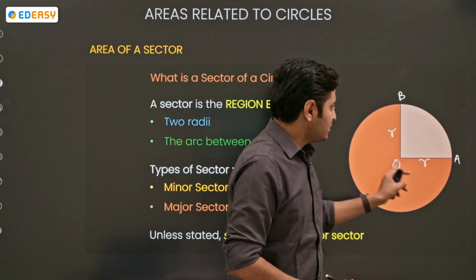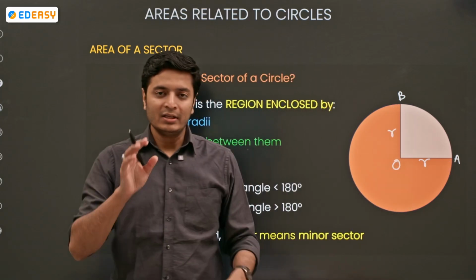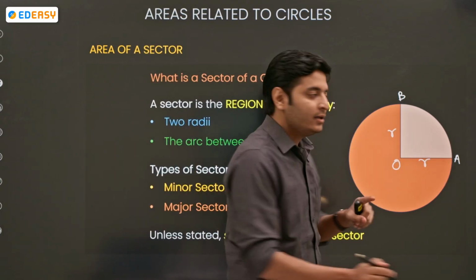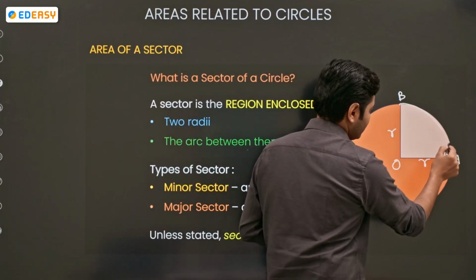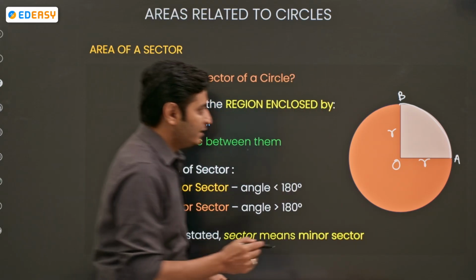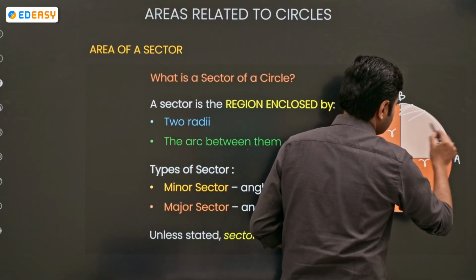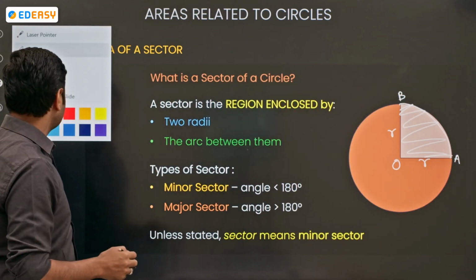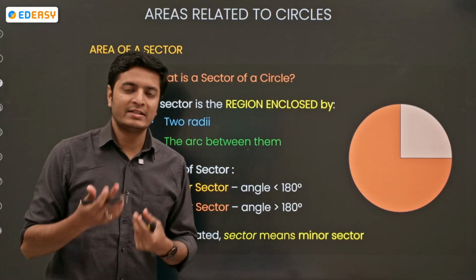Also, this faded region is enclosed by two things, two radii and the arc. AB is the arc, correct? Now, this is my sector. The faded region is my sector. So, what is the definition?